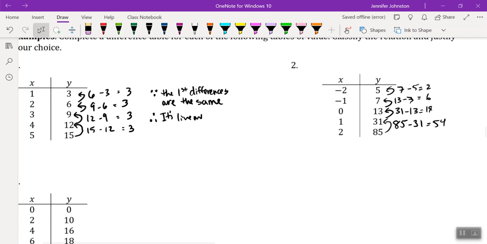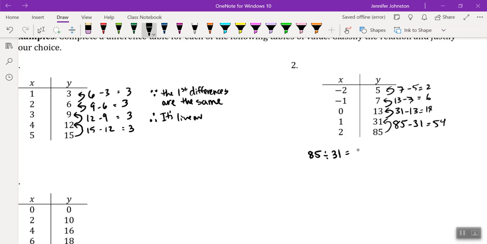For exponential, you're doing the exact same thing that you did for your first differences, but instead you are dividing. We're not going to subtract, we are going to divide. So we're going to do 85 divided by 31. It's the same from the bottom up. Just like for subtraction we do y2 minus y1, with this we're going to do the second one divided by the first one.